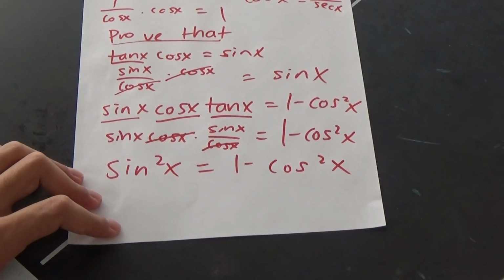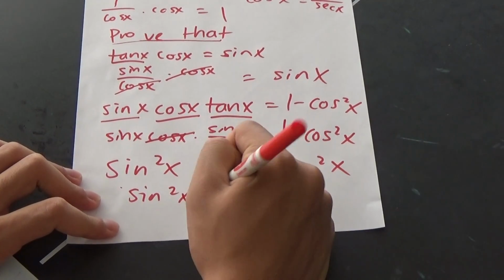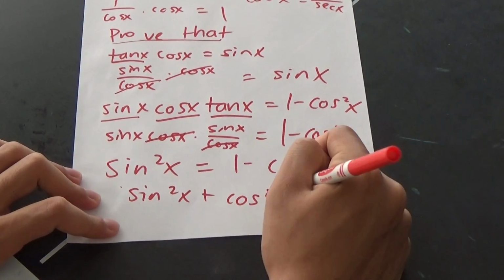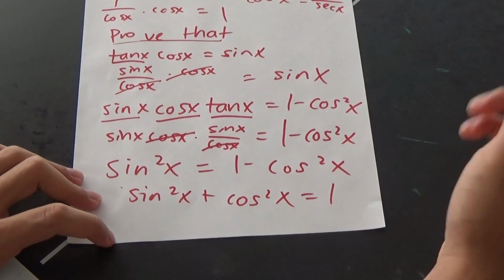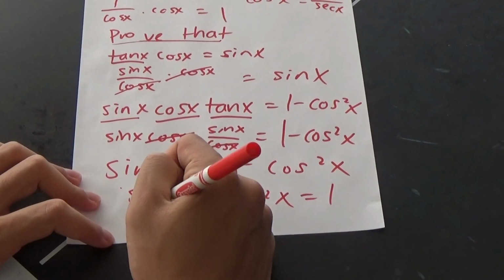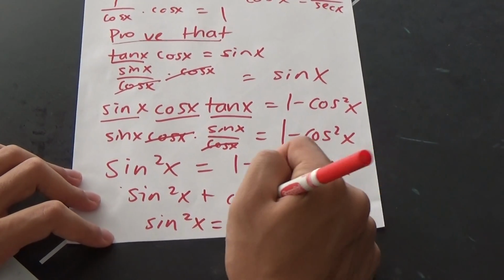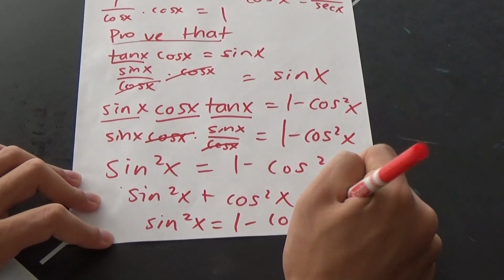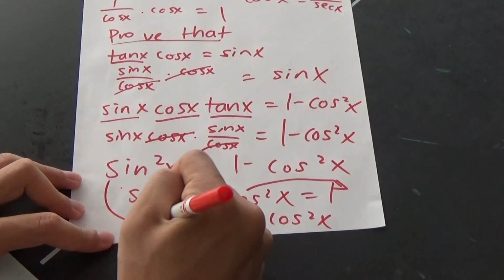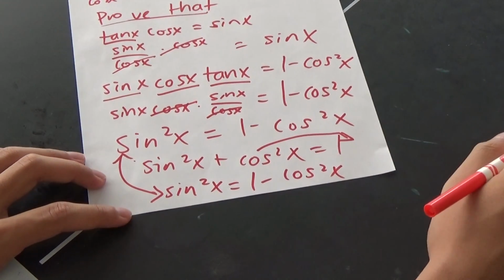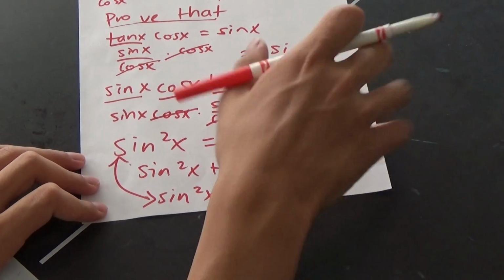But you can, because the identity is sine squared x plus cosine squared x equals 1. Like I said, you can rearrange these equations and make that become sine squared x equals 1 minus cosine squared x, right? So just move that over. And these two equations are exactly the same. Awesome.